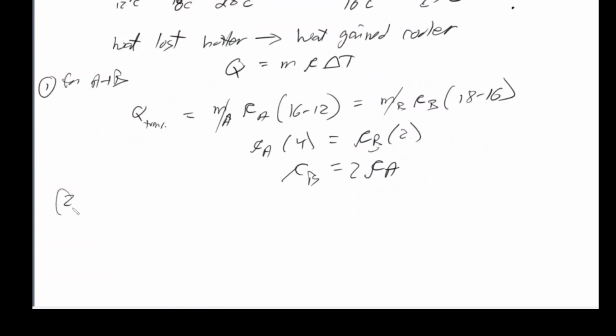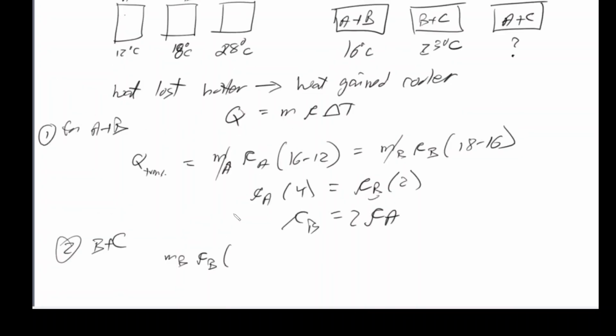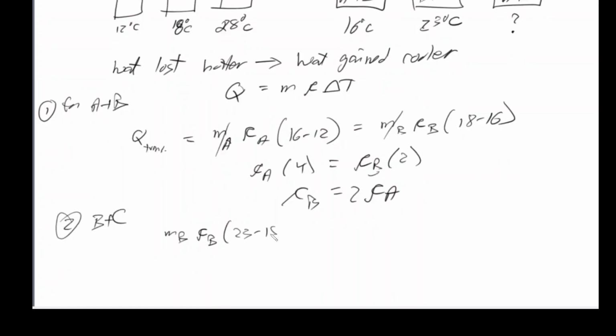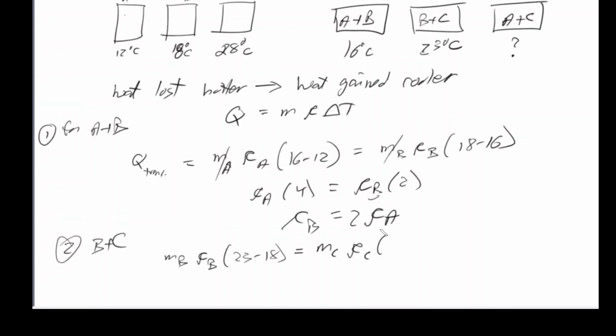Now let's do the same thing for the second mixture we're given, which is B plus C. So again, the mass of B times the specific heat of B times the change in temperature, and B is going from 18 to 23, so that difference is 23 minus 18, is equal to the mass of C times the specific heat of C times the difference in temperature, which is 28 minus 23.